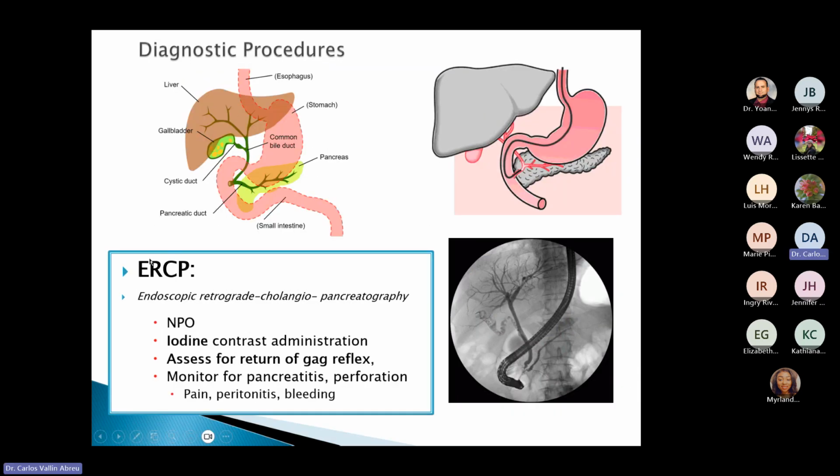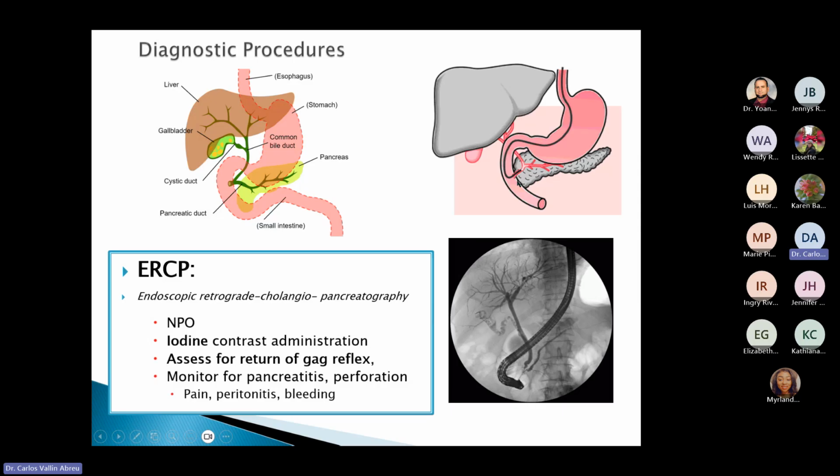The endoscopic retrograde cholangiopancreatography, a lot of names summarized in ERCP, is frequently tested in NCLEX, is an endoscopy.